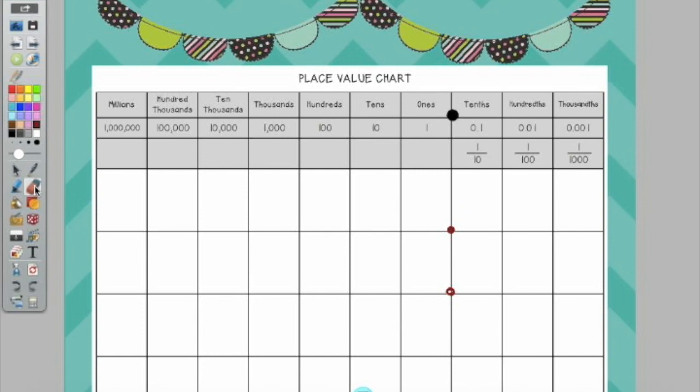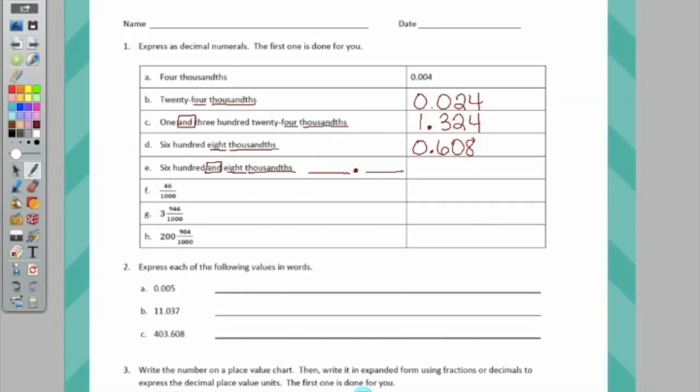The whole number. What is the whole number? Everything in front of the word and. How do you write 600? 600. Okay, and then after the word and, what's the number? 8 what? 8 thousandths. So he's right, we have a lot of zeros. Does that make sense, Lexi?